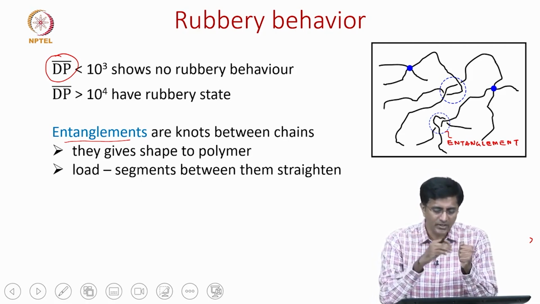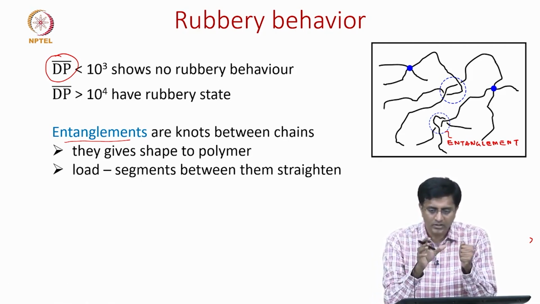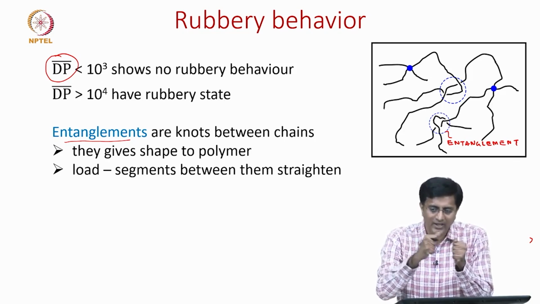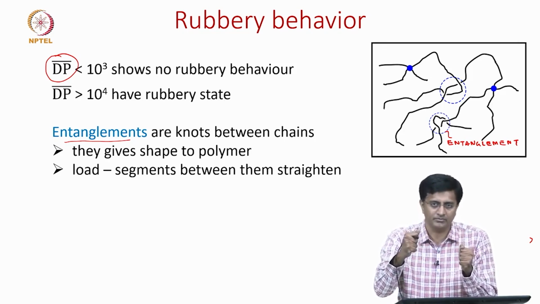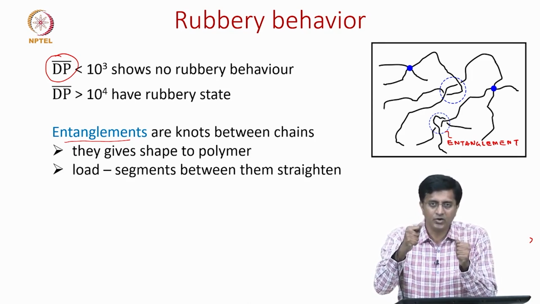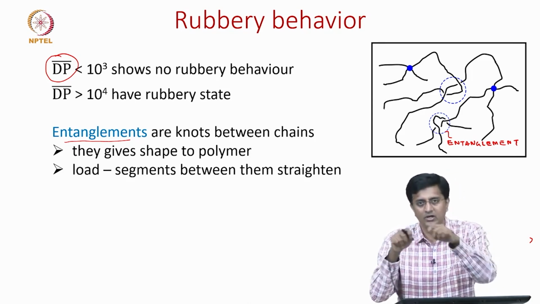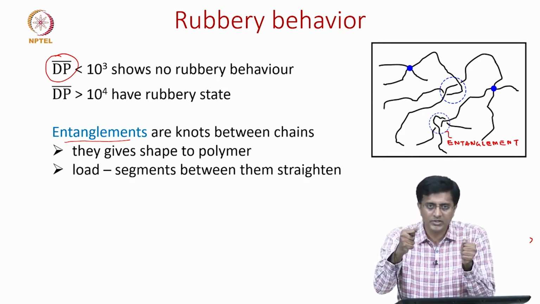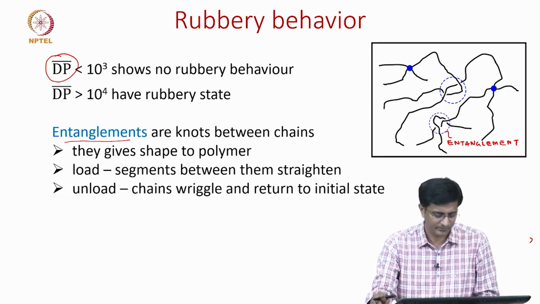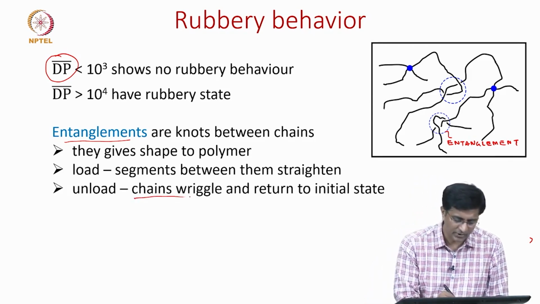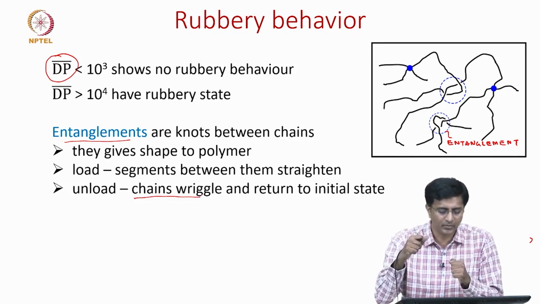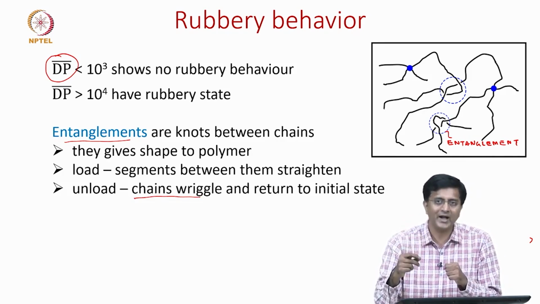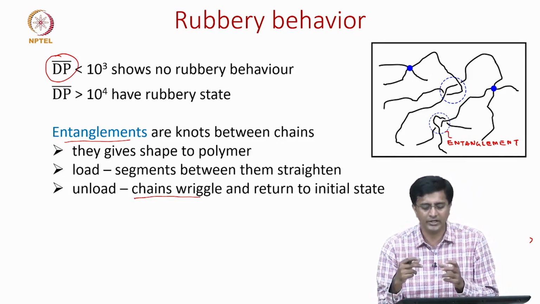Between these two entanglements, when we are loading, the polymer chains stretch or align in the direction of loading. But once we release the load, because these entanglements cannot be loosened, they bring these polymer chains back. So, these intermediate chains between the two entanglements wriggle and return back to the original or the equilibrium state.